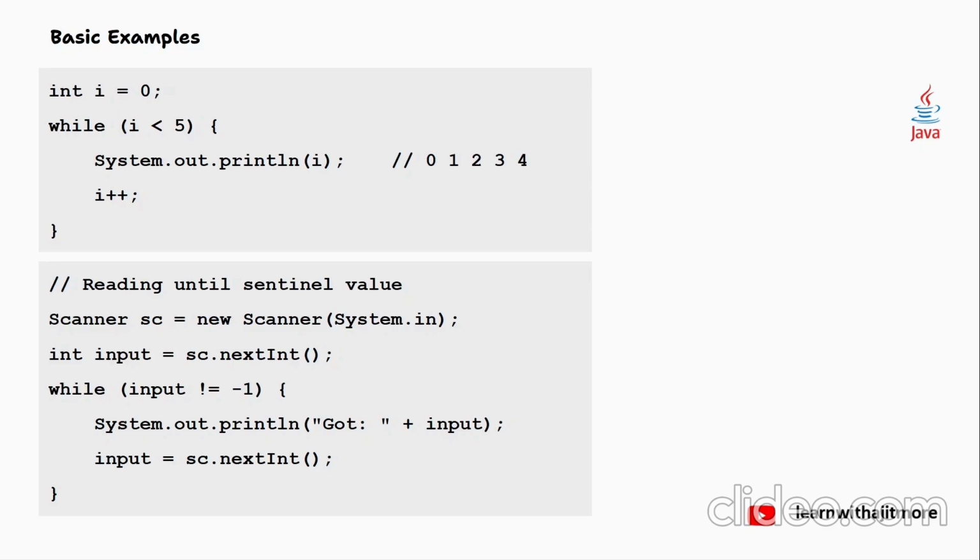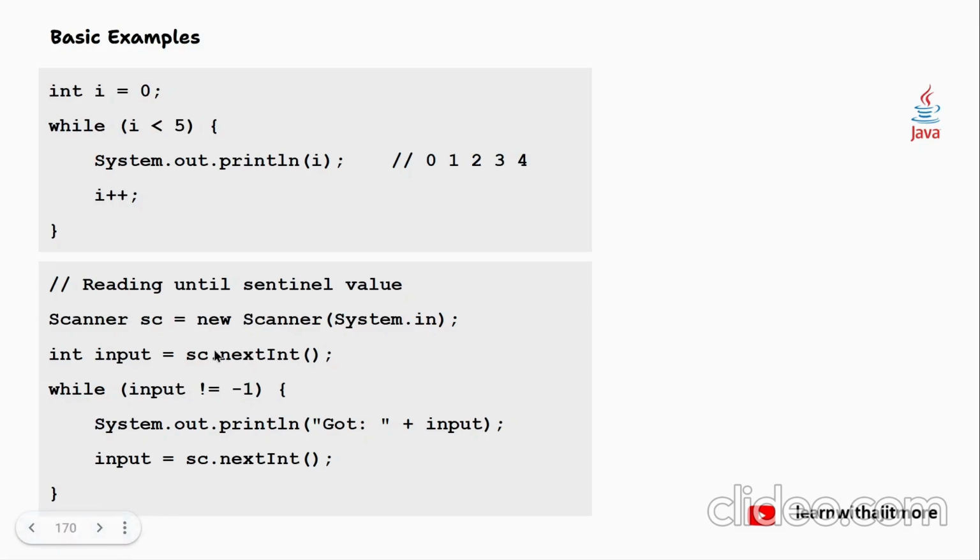But when how many times the repetition is to be done is unknown, then we call it logically controlled. This loop will go on till this condition is true, and the moment this condition becomes false, it will stop. So we don't know when this condition will become false. You may keep giving input, 5 inputs, someone may give 100 inputs, someone may give initially only -1, so 0 times it will come inside.